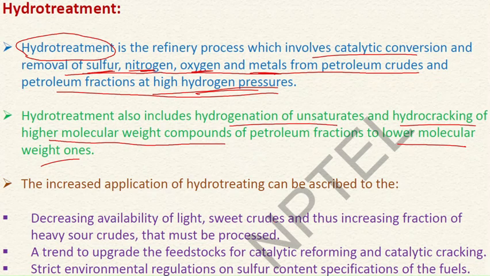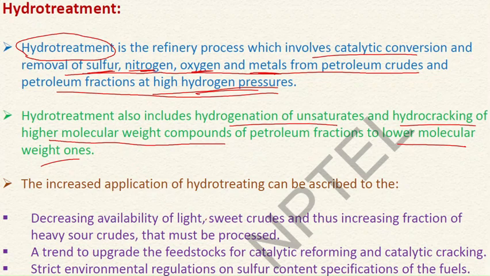Why so? Because if we do not fulfill the demand of crude, fulfill the demand of oil products in the market, these heavy crudes also need to be processed, but we cannot use them directly. Why so?